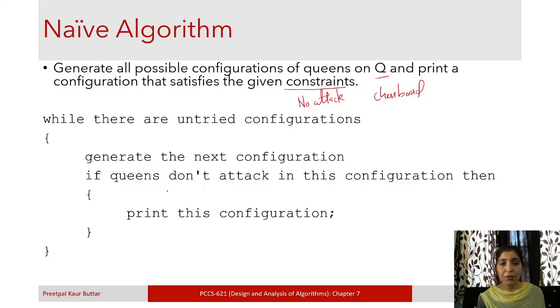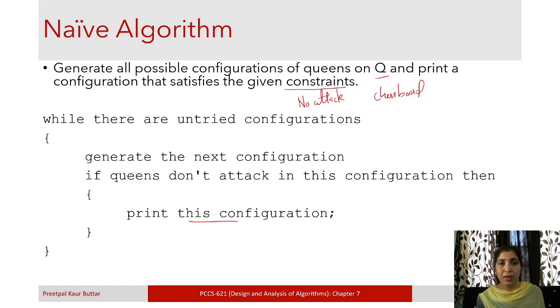Okay, so if they do not attack each other, then it puts that configuration into the solution. So it is producing all possible solutions and then placing the feasible solutions into the solution set, and it is removing the unfeasible solutions. Okay, it is removing the non-solutions.